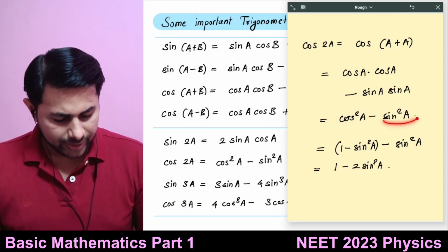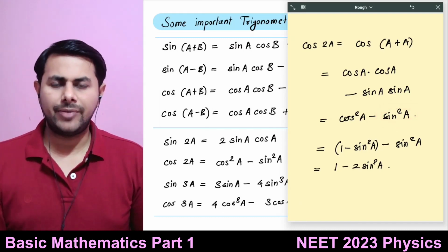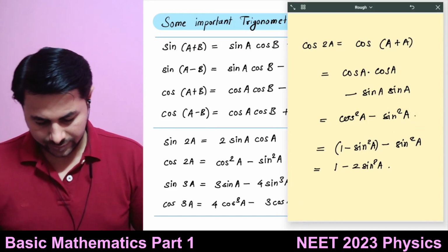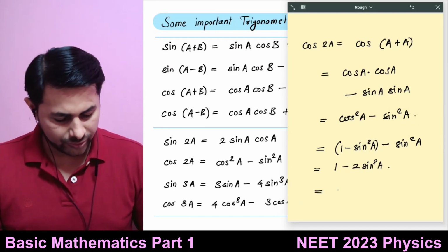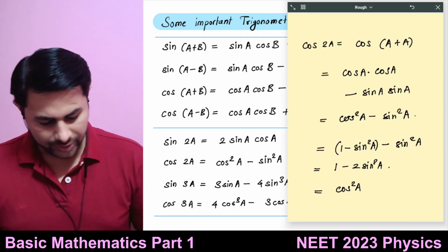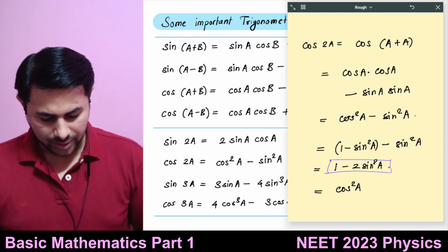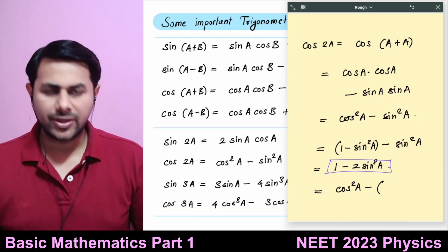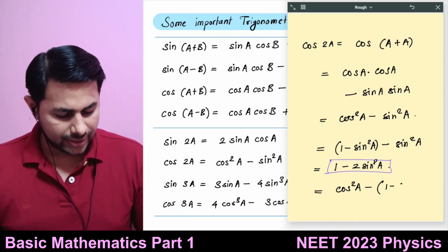In this case we have put cos square a equals 1 minus sin square a. Now similarly we can put 1 minus cos square a in place of this sin square a. So what do we get? Cos square a minus, in place of sin square a I will put 1 minus cos square a.